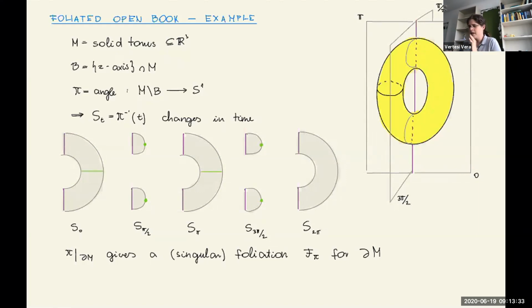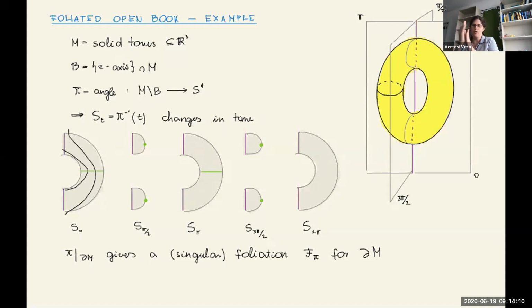And then as time progresses, at some point the angles of these get closer and closer to each other, and eventually they get pinched off, and then you get two half disks. This is what happens at time pi over 2. Then they again get closer and closer to each other until you attach another handle and you get back, at time pi, to this telephone shape.